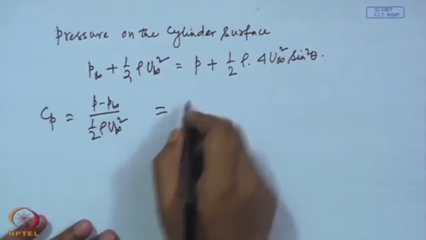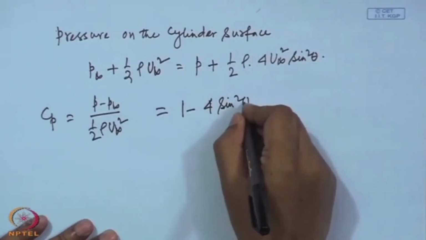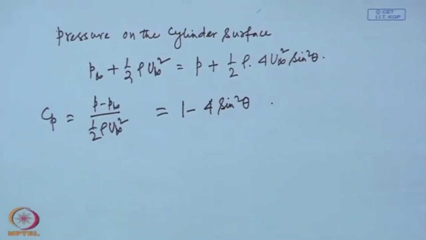1 minus 4 sin square theta. So, it is obvious that at the stagnation point pressure coefficient is 1, because at stagnation point P minus P infinity is half rho u infinity square.